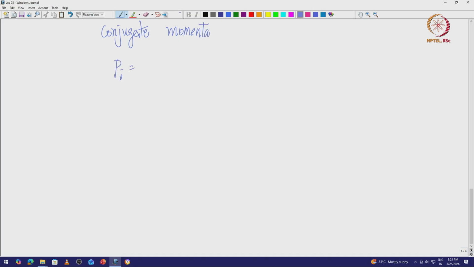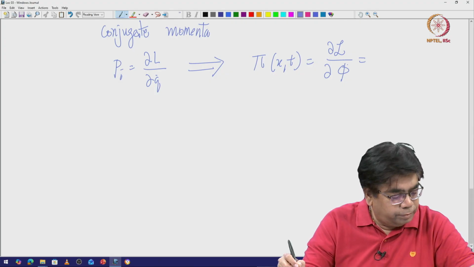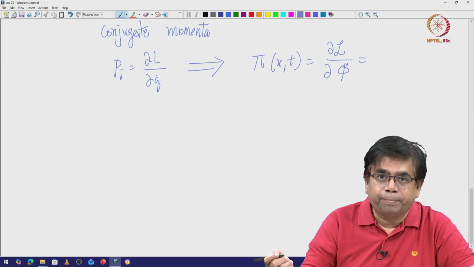P I is equal to del L, okay. But this gets transformed to a field pi of x t is equal to del L by del phi dot, that is it, this is what it becomes essentially.